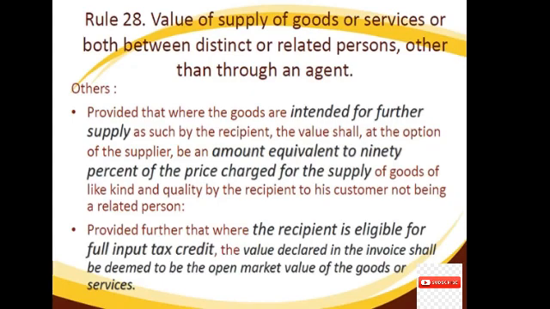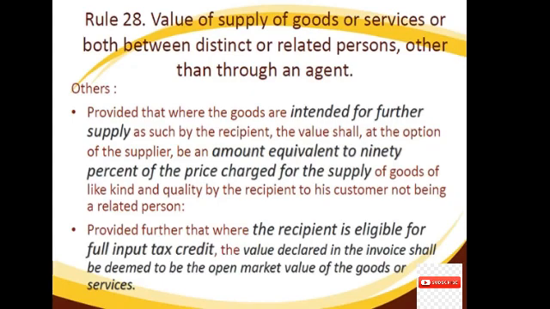But since we have the price at which company B sold the same commodity to company C, we will be taking that value and we will be assuming that the transaction between the related parties was at 90% of the price charged for supply of goods of like kind and quality by the recipient to his unrelated customer. So if suppose the final sale was at rupees 5,000, we will calculate the 90%, which comes out to be 4,500. So the selling price between A and B will be taken as rupees 4,500.